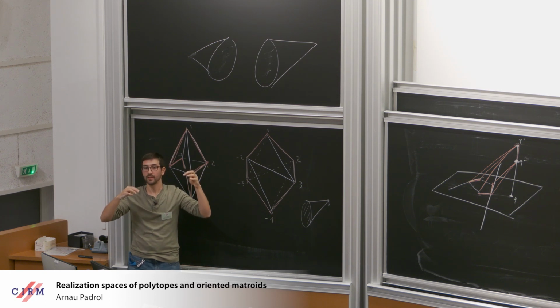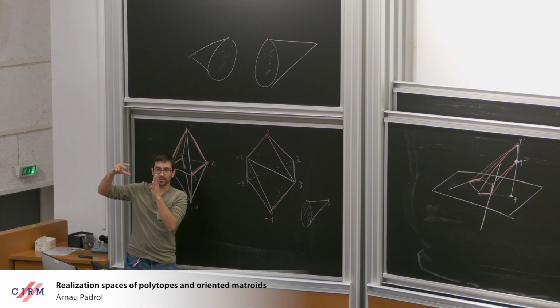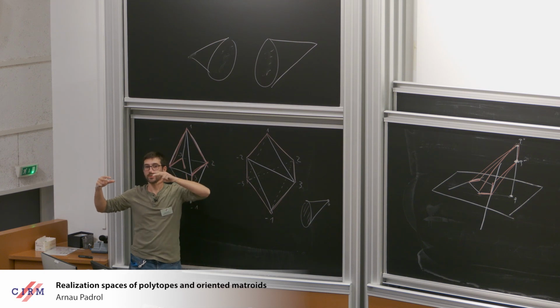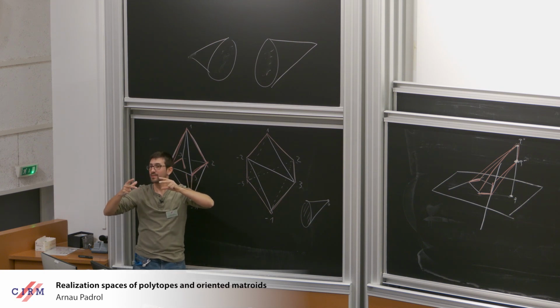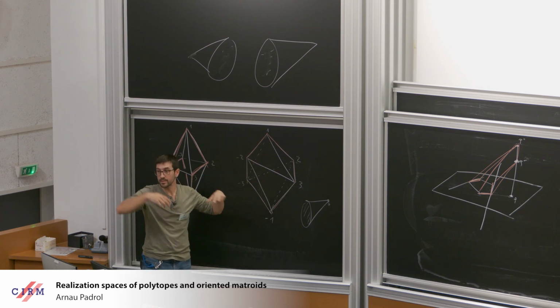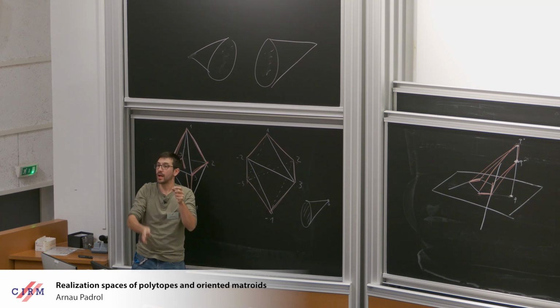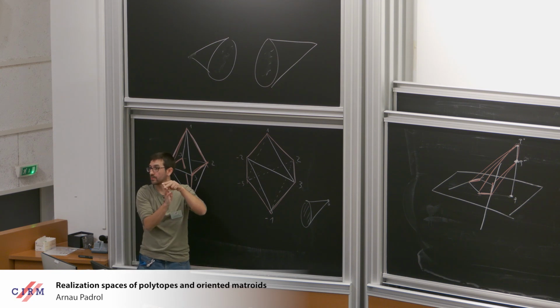Okay? Does this make sense? So I take one that's telling you, well, the octahedron is twisted to the right, and the other one tells you the octahedron is twisted to the left, so there can be no octahedron. And what happens is that in this realization of these 4-polytopes, these 6 points, they do not lie in a common 3-dimensional hyperplane. They are like bent to one side or to another.